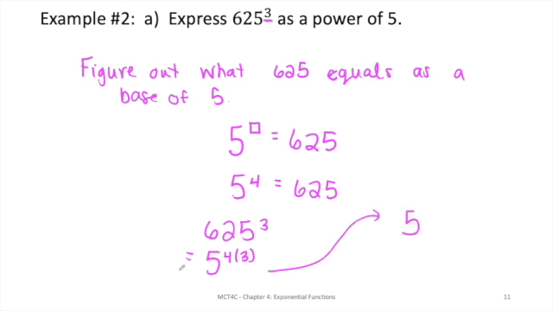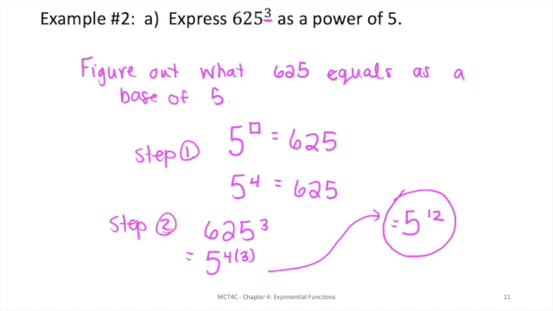Then you're going to write 5, and then it is going to be 12. That is as a power of 5. If you were to put 625 to the exponent 3 in your calculator, it would spit out the same answer as 5 to the exponent 12. We'll go through another example on the next slide. So you have step 1 here, and then step 2 here for actually figuring it out with that exponent 3.